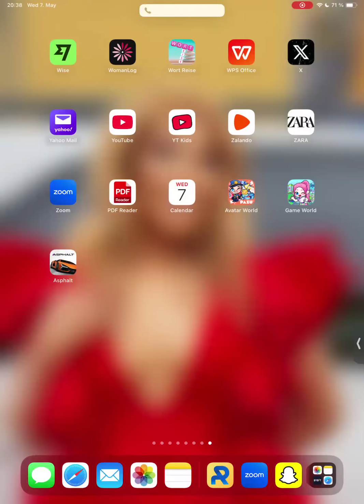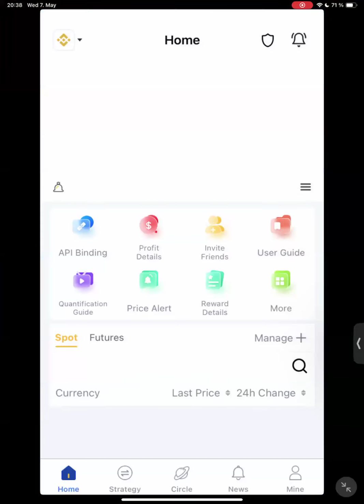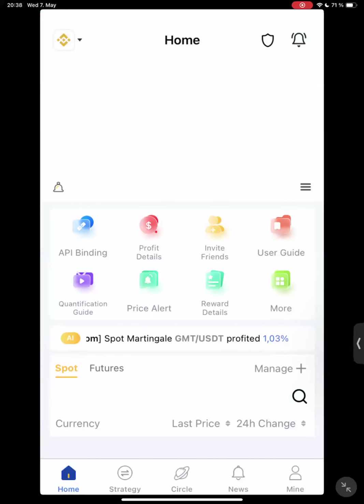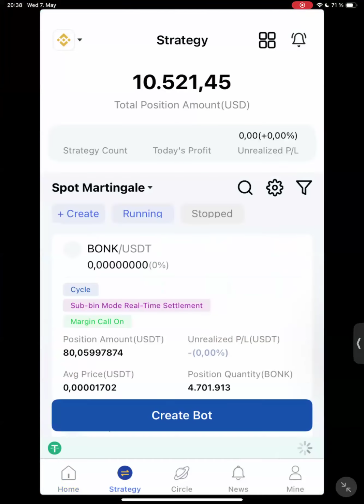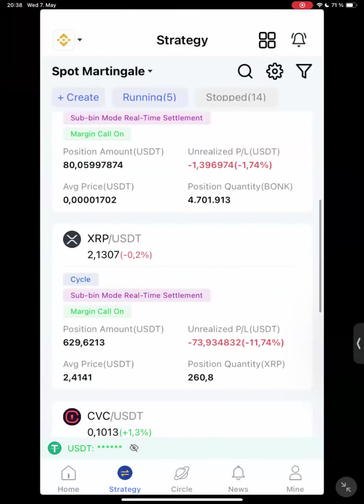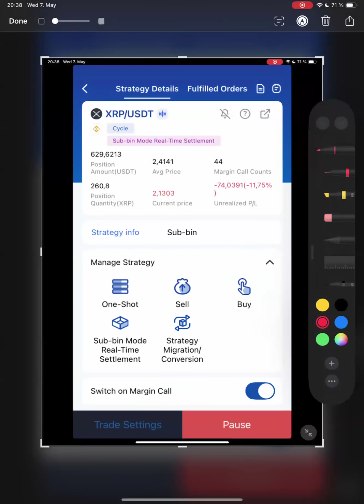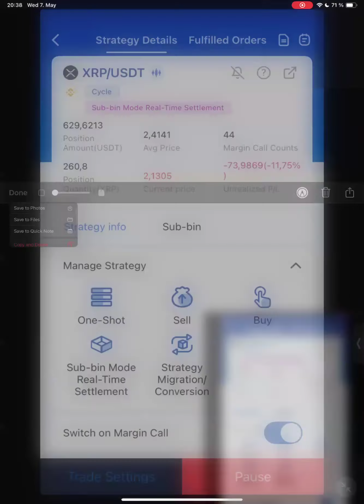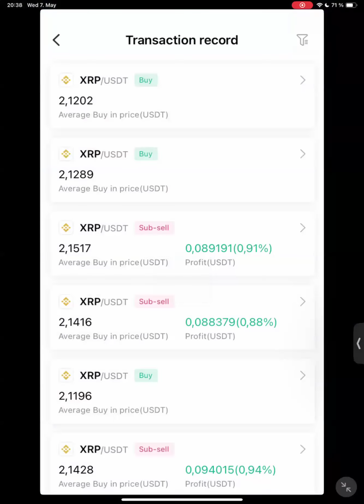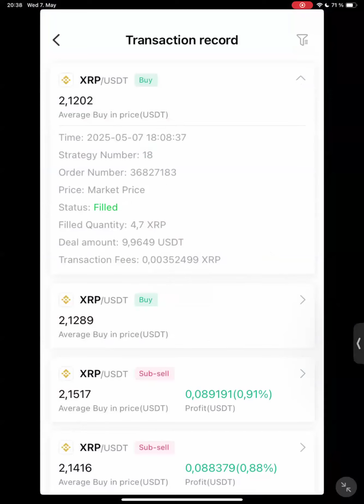To get that, you would need to tap on the transaction record button. This is the transaction record. This is the log button. So let's look at the transaction record so we can check the 44th call.